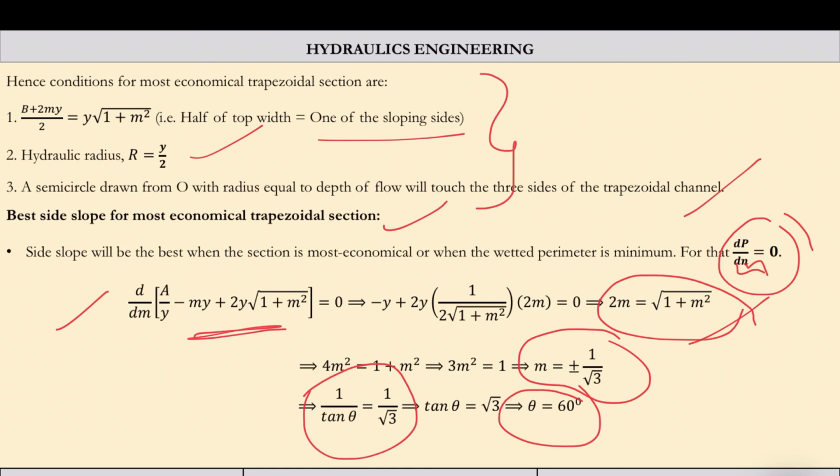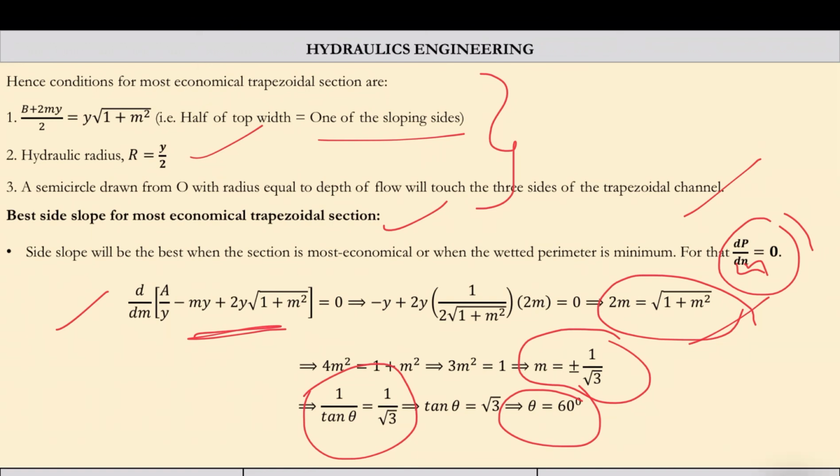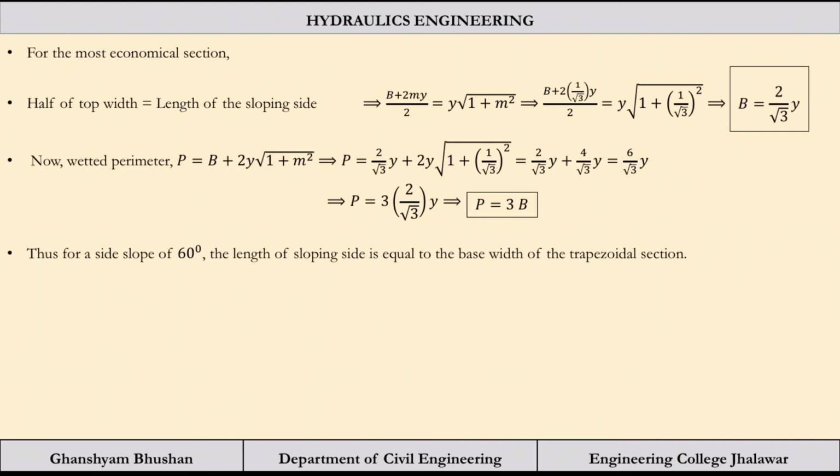Now, half hexagon is okay, but this is a regular hexagon. What does a regular hexagon look like? All the sides are equal and all the angles are 120 degrees. We have calculated this angle as 60 degrees, so the other will be 120 degrees. So for the most economical trapezoidal section, half of the top width is equal to the length of the sloping side.